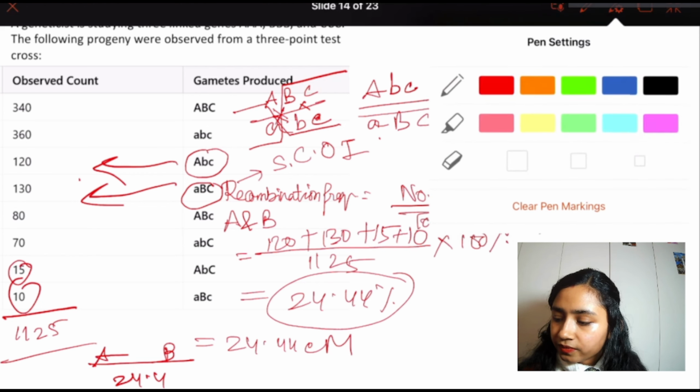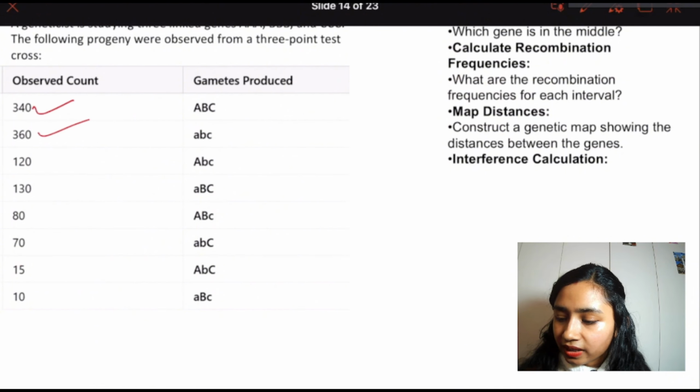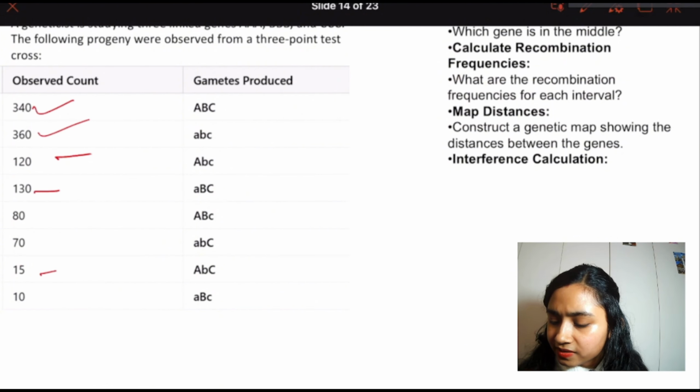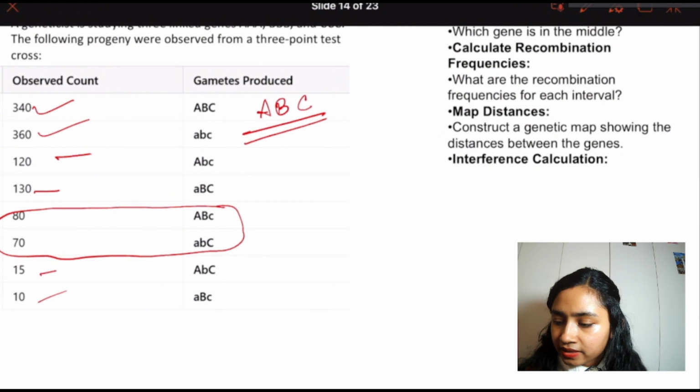Now if I want to take out the distance between B and C, so this is the NCO class done. This is the single crossover event, this is the double crossover event. So this is left only, this is the single crossover event 2. Again we want to assure it with the NCO class.